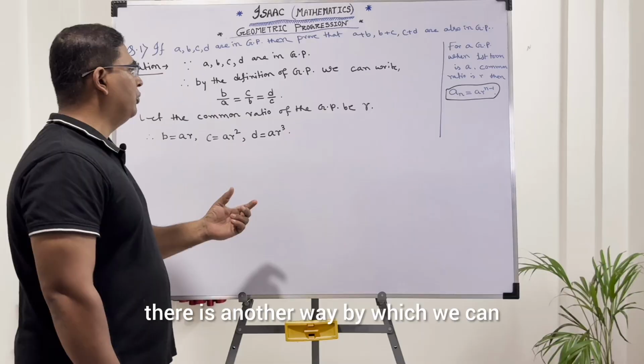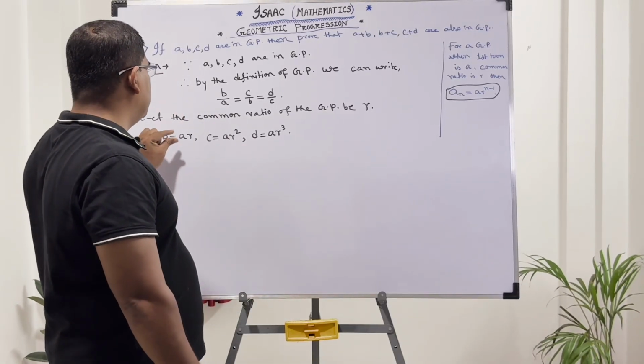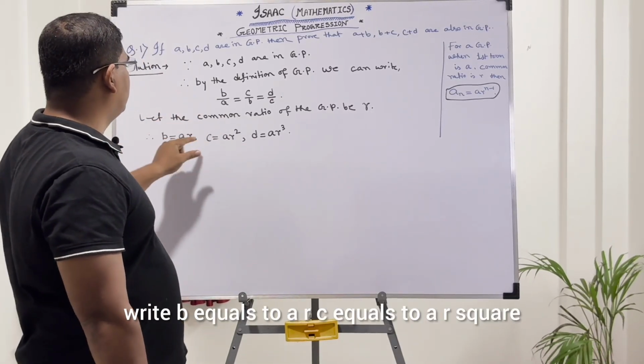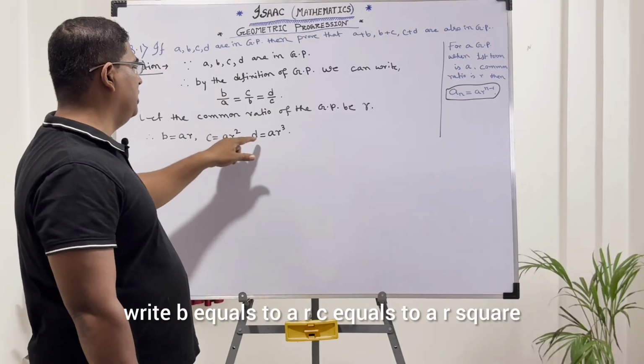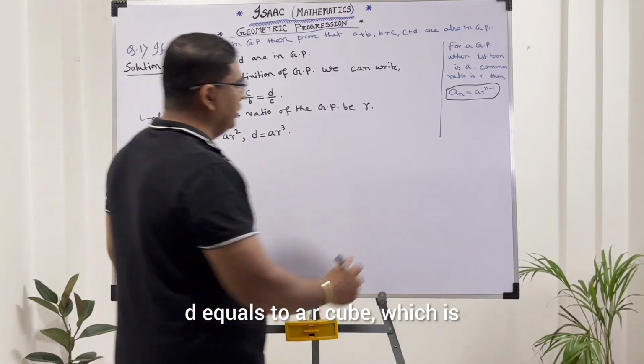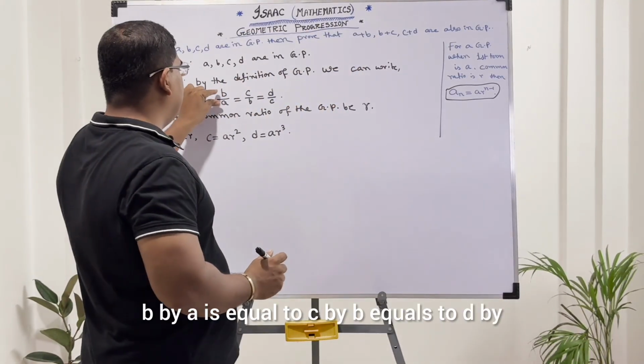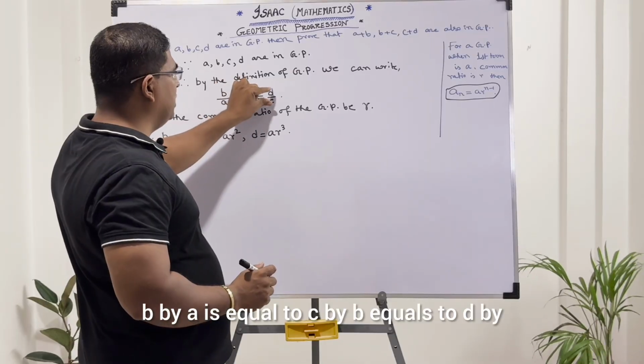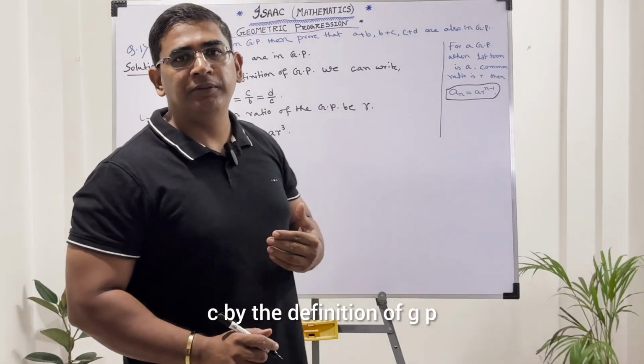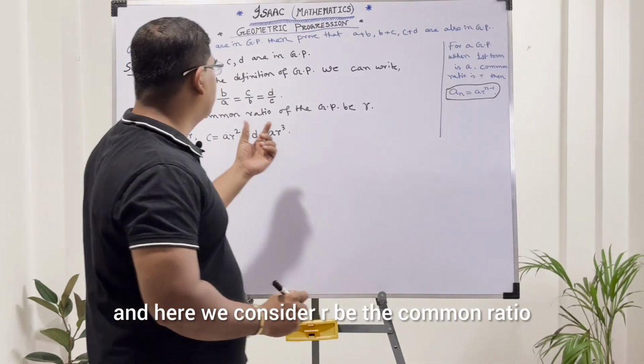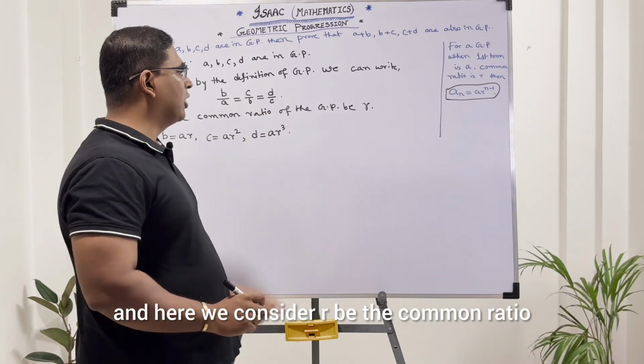There is another way by which we can write B equals AR, C equals AR square, D equals AR cube. By the definition of GP, B by A is equal to C by B equals to D by C, and here we consider R to be the common ratio.